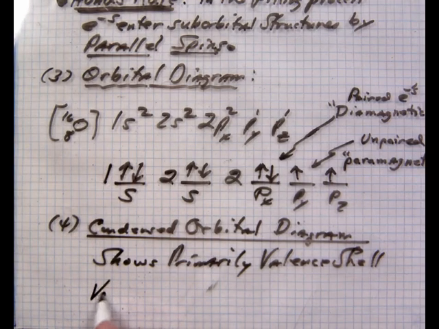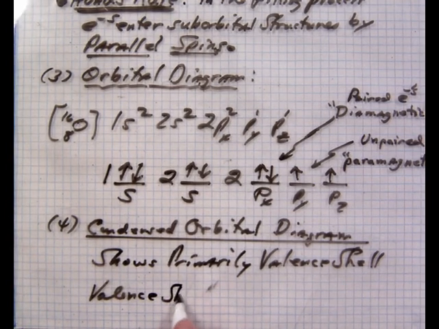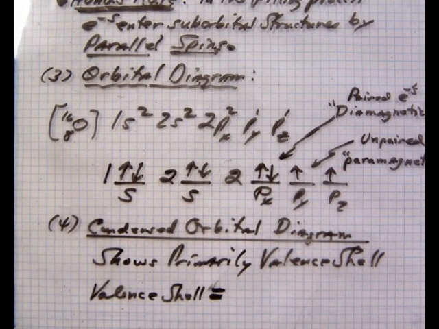Well, what is the valence shell in these diagrams? Simple enough. This is the orbital structure with the highest principal quantum number, the number out front, 2s and 2p. Well, that's the highest quantum number in the oxygen. So the second energy level is the valence shell.